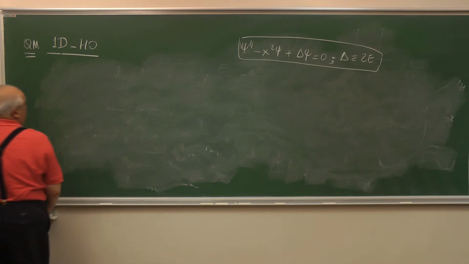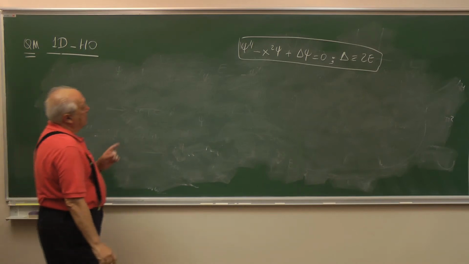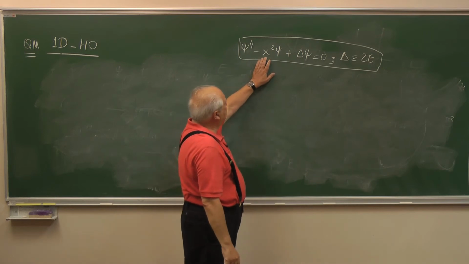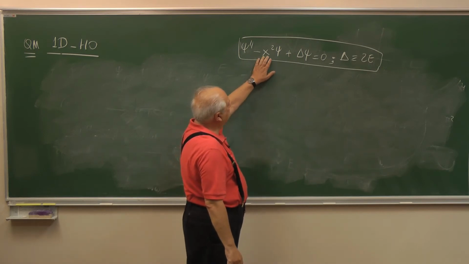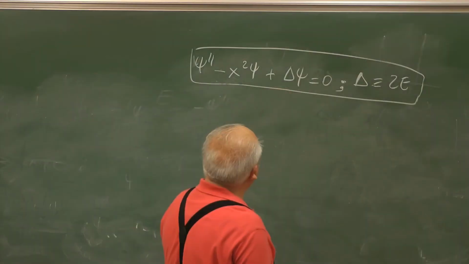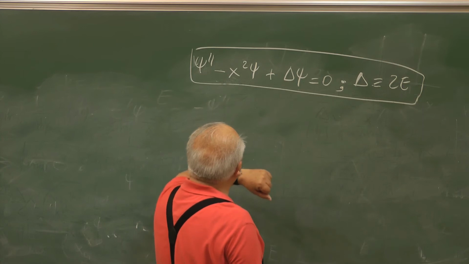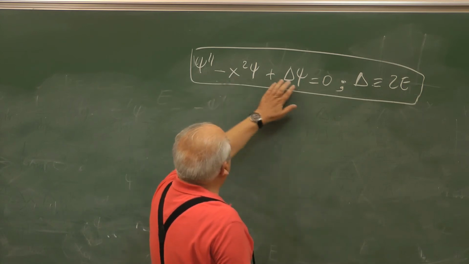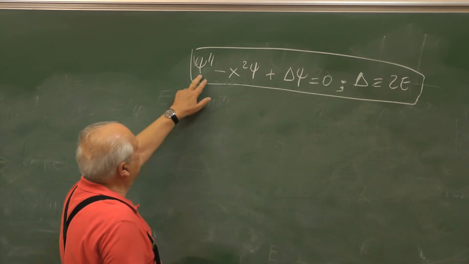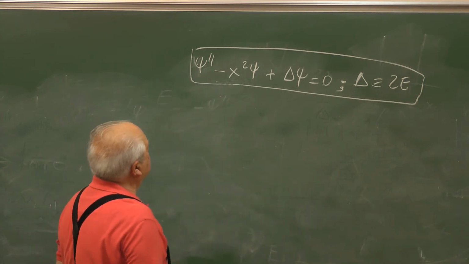Now again, obviously when x becomes very large, this term is dominant. This is a finite number, and so delta is a finite number, so this overwhelms this one. Therefore, it has to be countered by this second derivative.